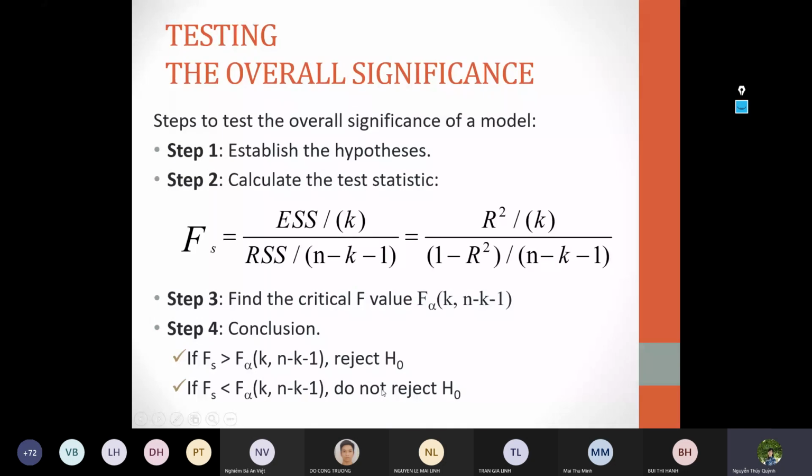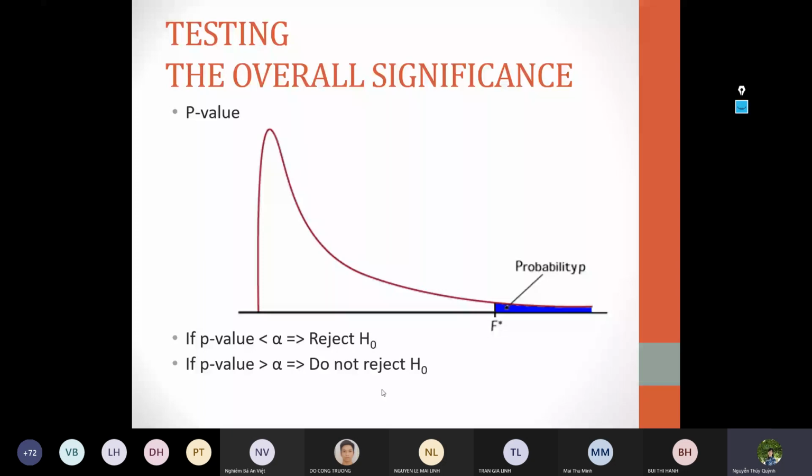And we also have another way to do the test by using the p-value approach. We may want to use the p-value approach like we use for the t test.